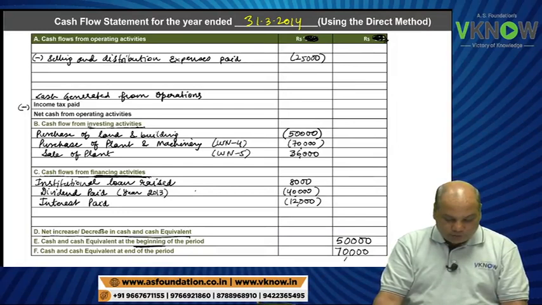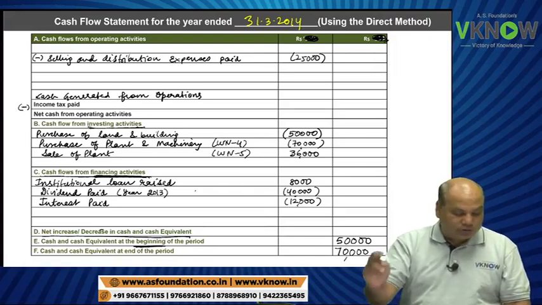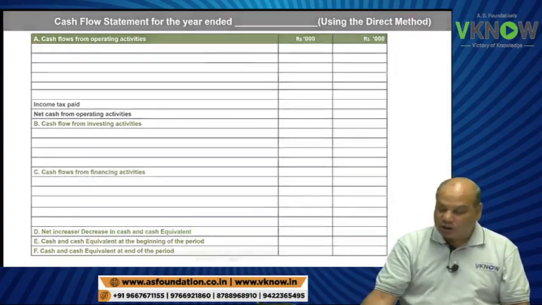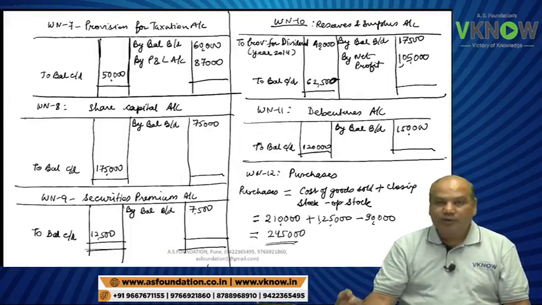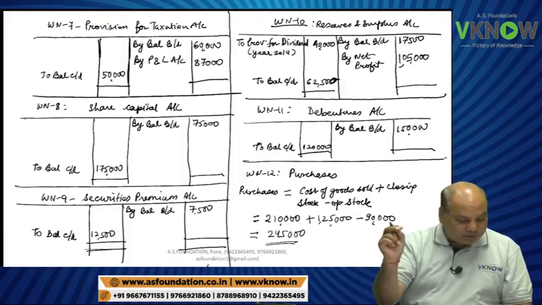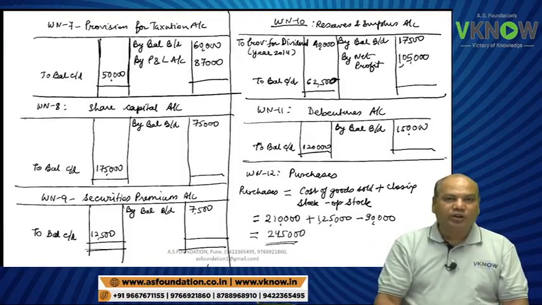Okay. So now my dear students, come to the next adjustment. Debentures of the face value of 30,000 rupees were converted into share capital at par. Entry will be debenture account debit 30,000 to share capital account 30,000.